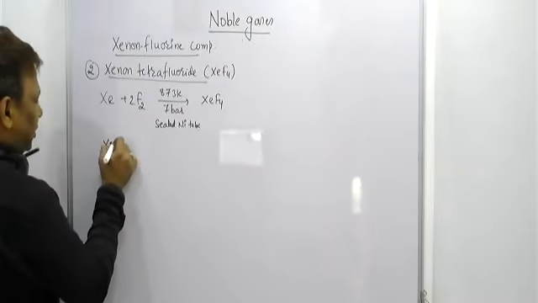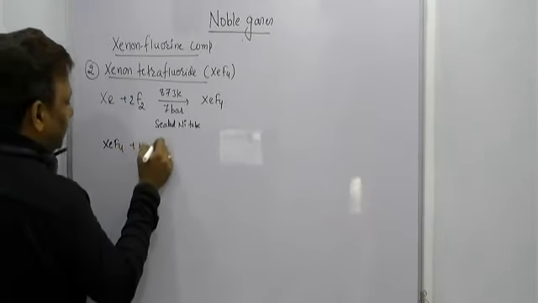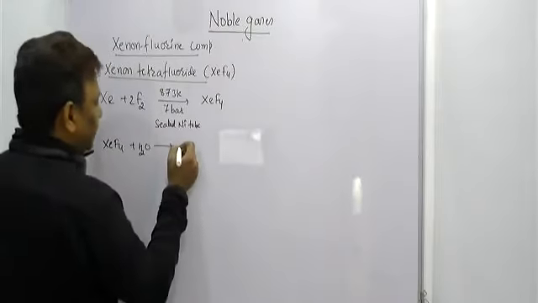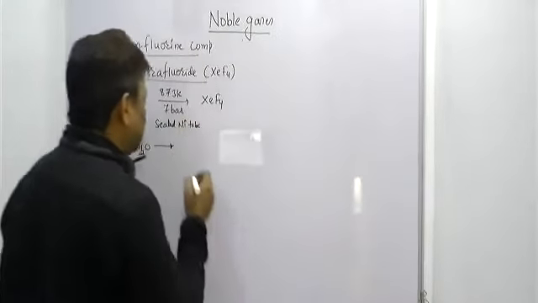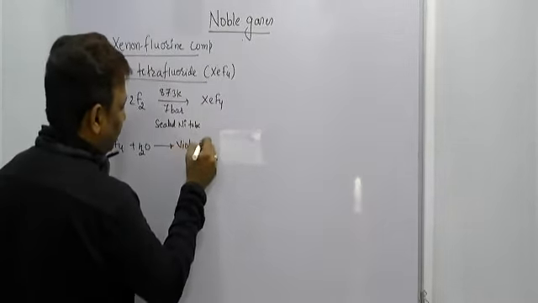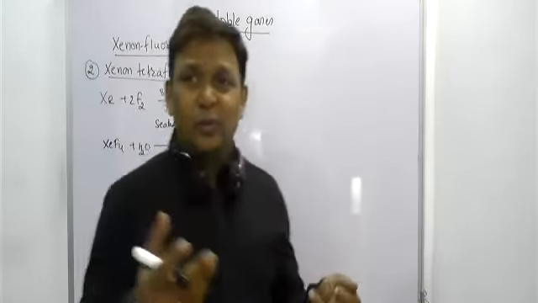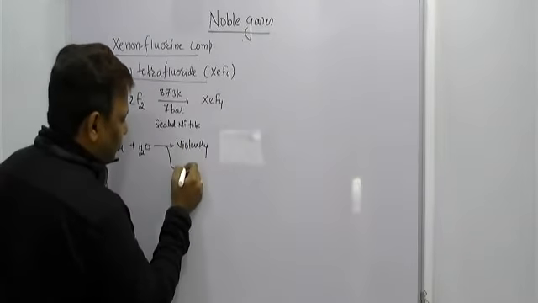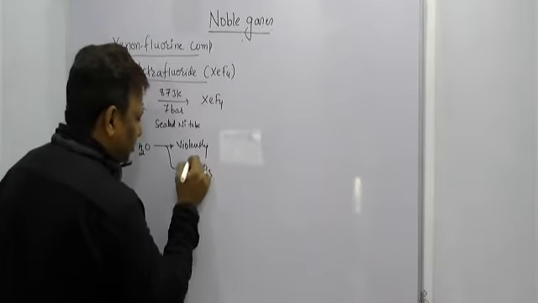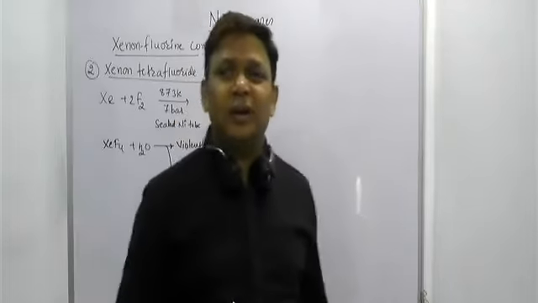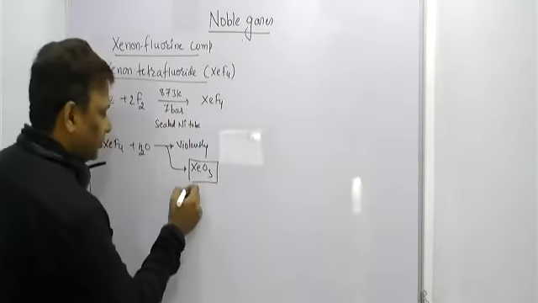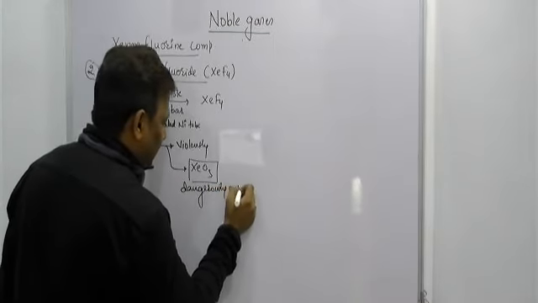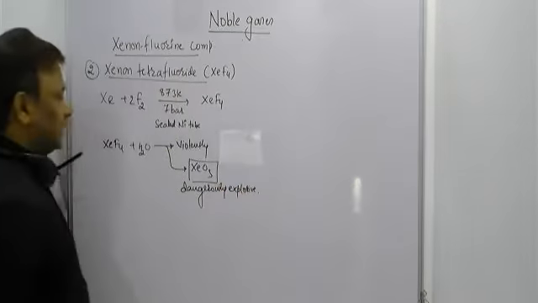But XeF4 reacts violently with water and gives dangerously explosive XeO3. This XeF4 reacts with water violently, which means it will make it explode, and it gives rise to the compound called XeO3, and this XeO3 compound which is obtained is dangerously explosive.